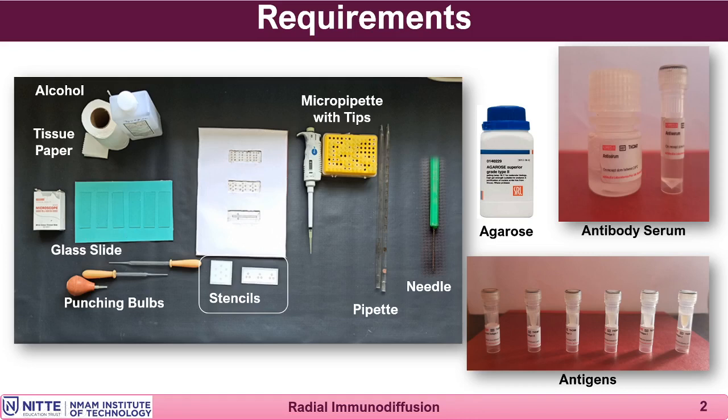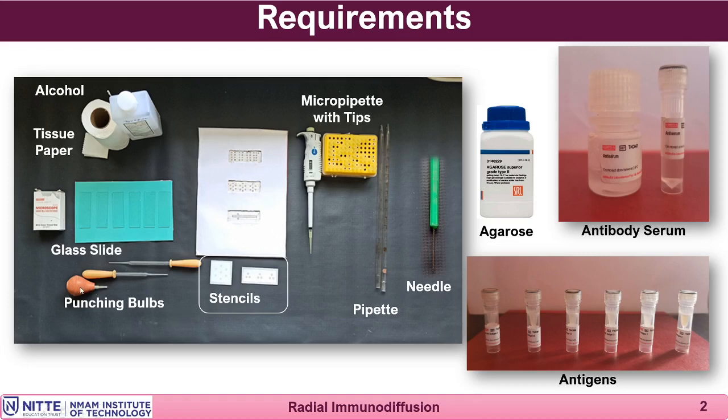Then you need pasture pipettes to pour the gel. Each pasture pipette could take about 3.5 ml of agarose gel, and per microscope slide you would require about 3.5 ml of agarose. And you will need a rubber punch.